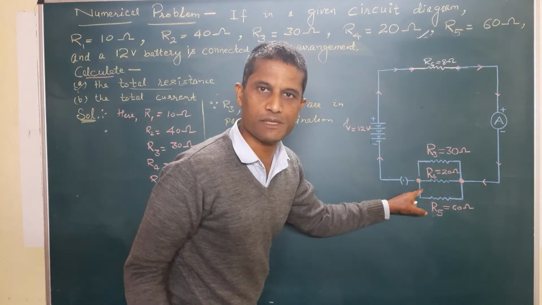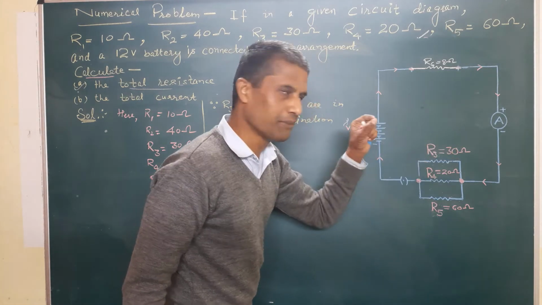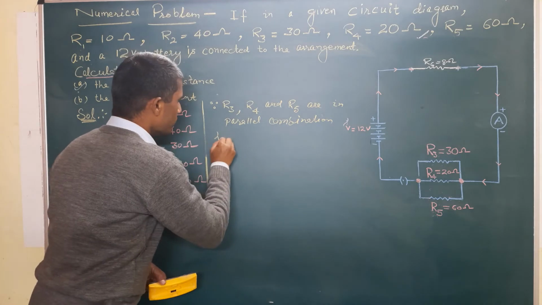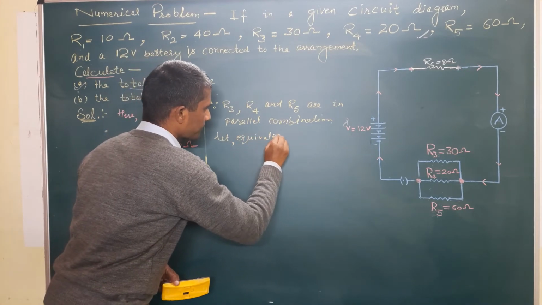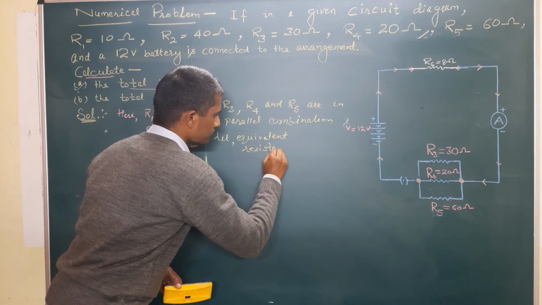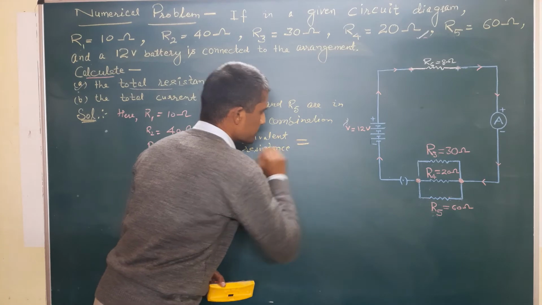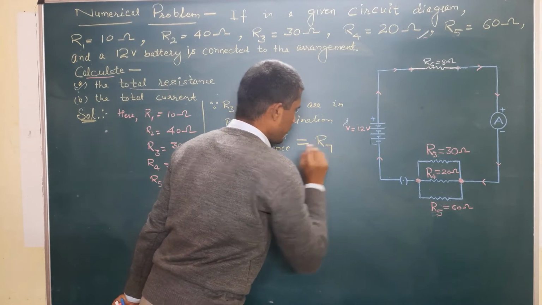Once again the story will be repeated. We are going to create one resistor out of these three resistors by considering the equivalent resistance of the combination. Earlier we took R6, and let it now be R7.